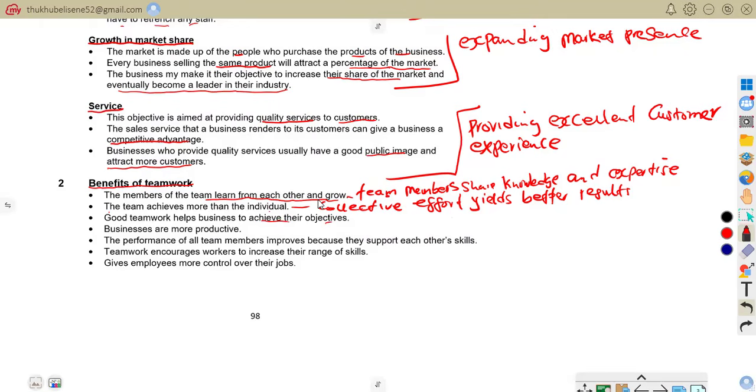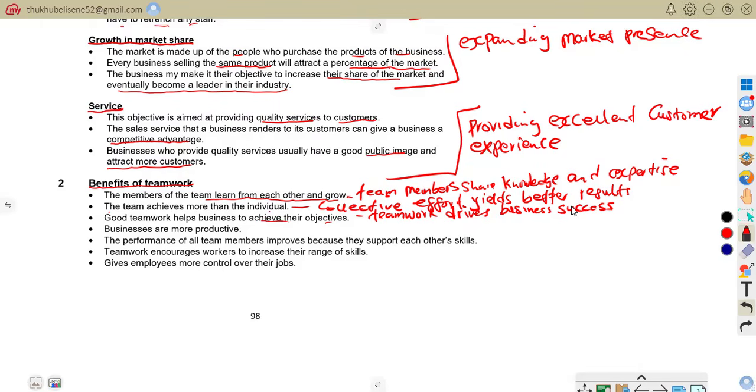So teamwork drives business success. We can talk about sales teams meeting targets through coordinated efforts.